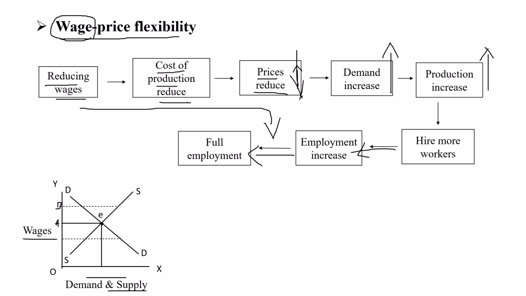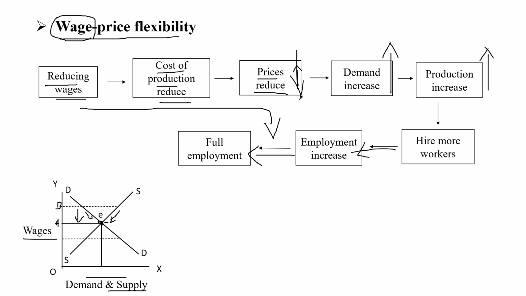In this situation the wage rate will be cut, then supply will be reduced and demand will increase, and it will come to the equilibrium point. This is the full employment level.